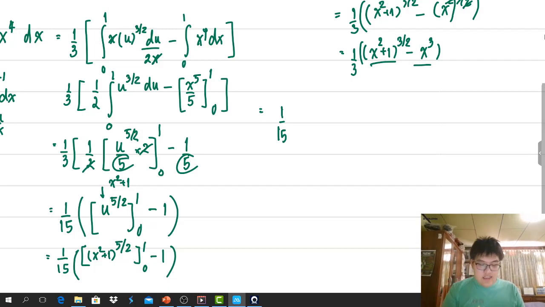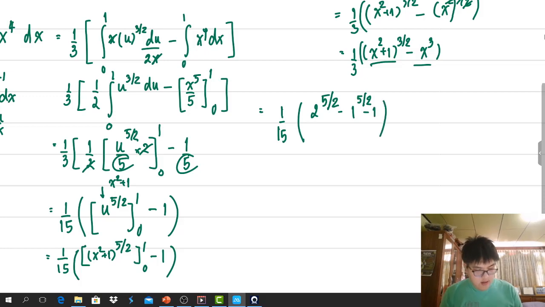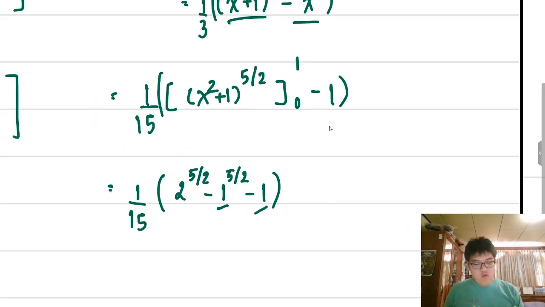We take x equal to 1, equal to 2 to the 5 over 2, and then subtract with x equal to 0, minus 0, inside it gets only 1 to the 5 over 2, and minus 1. Okay, this one is 1, this one is 1. In this term we will get a negative 2, or minus 2.